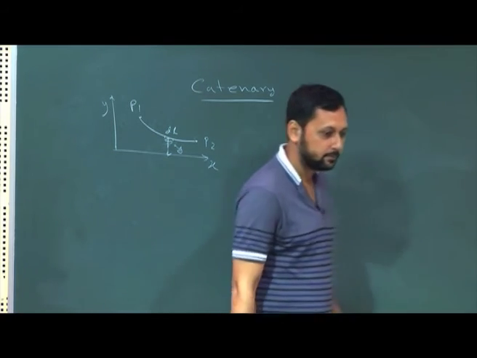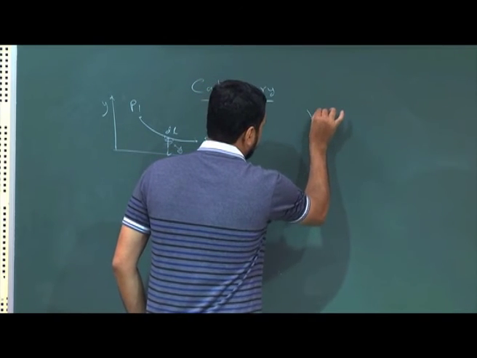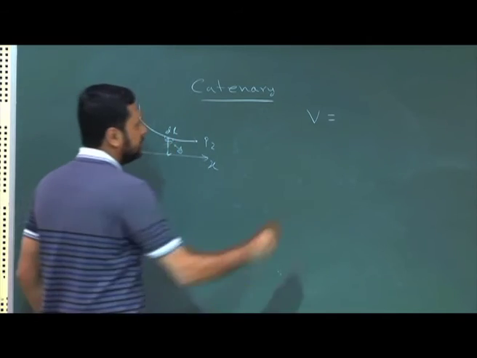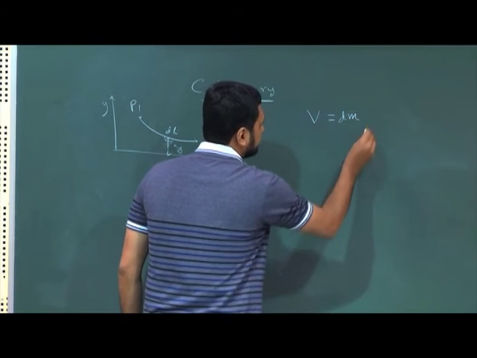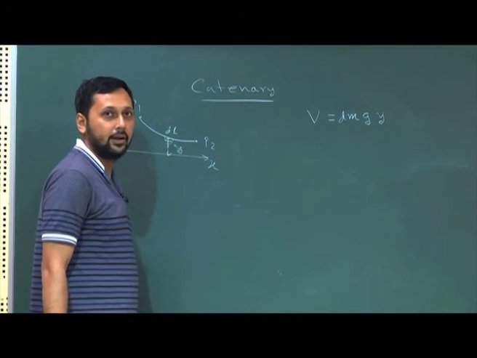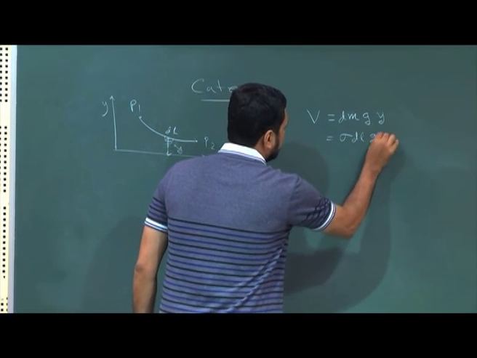Keeping that in mind, we have the potential energy V. We can write this for a length element as dm g y, and dm will be sigma dl.